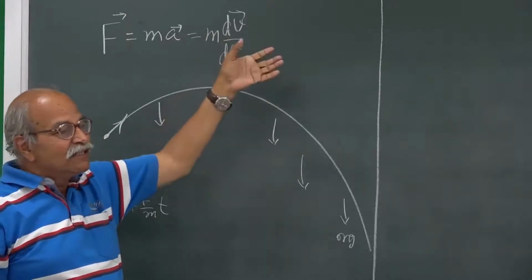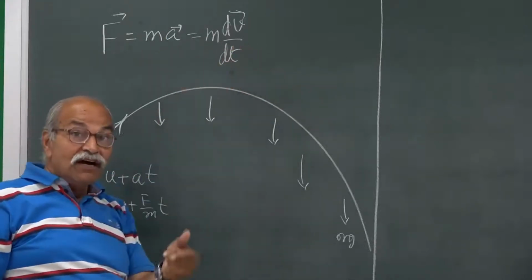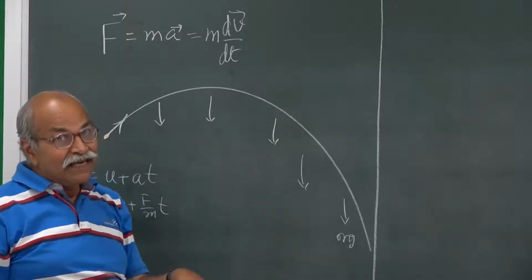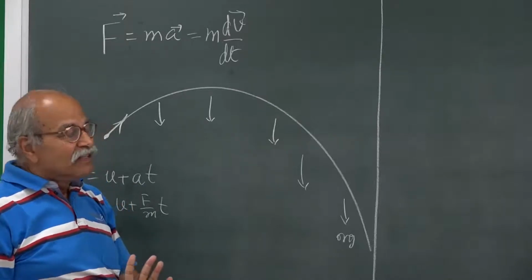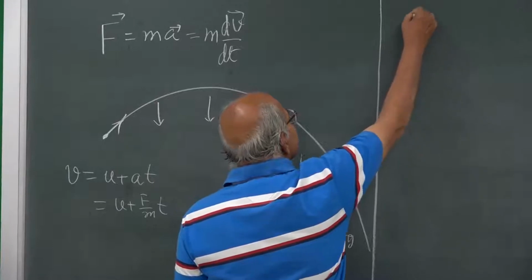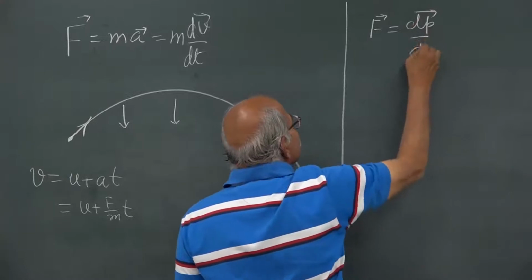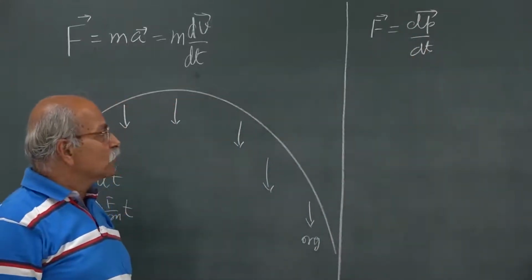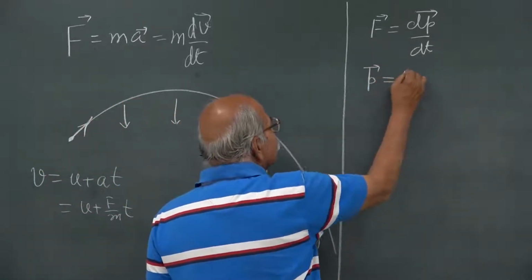So, the real laws of motion are somewhat different from this, which describe the experiments nicely and which are invariant under Lorentz transformation. So, we have seen that we write this as F is equal to dp dt. This is okay in relativistic regions also. The only thing is this p is no more mv.